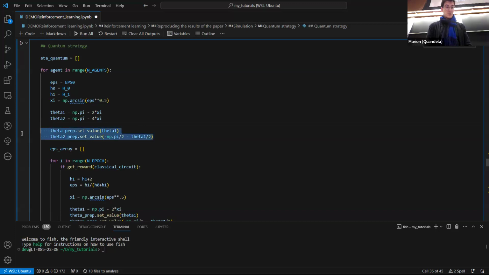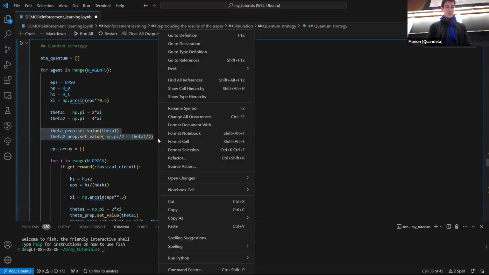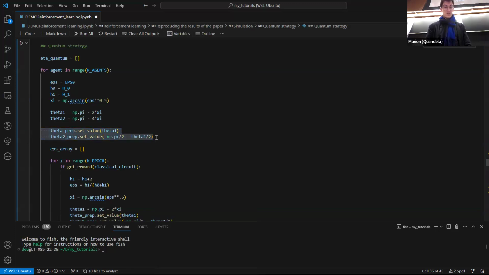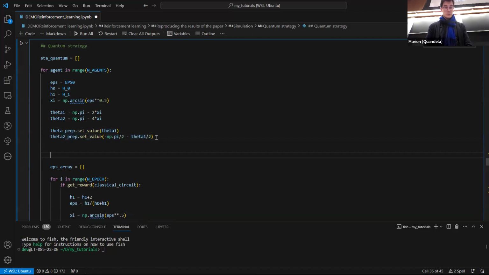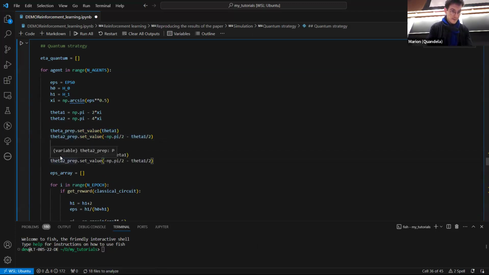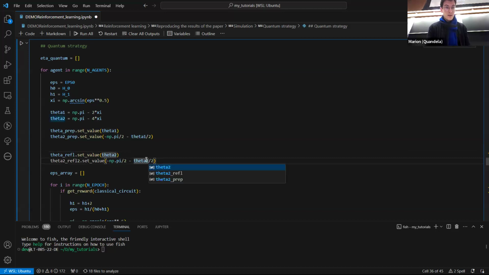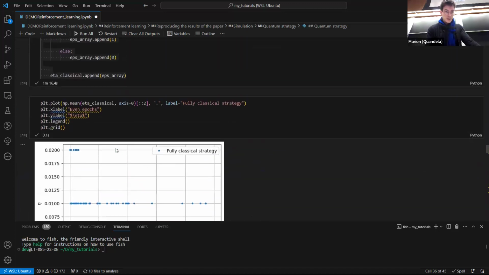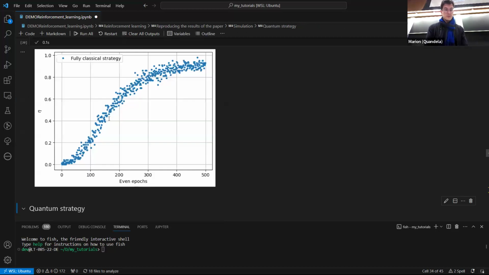So then we can set the value for the preparation and also set the value for the reflection. Okay, did it finish? Yeah, let's hope it's correct now. Cool.